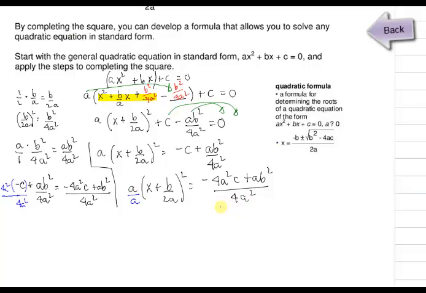I can show division over on the side. So I'm going to take a look at what's on the right here: negative 4a squared c plus ab squared over 4a squared. I want to divide that by a, because I'm going to divide both sides by a.